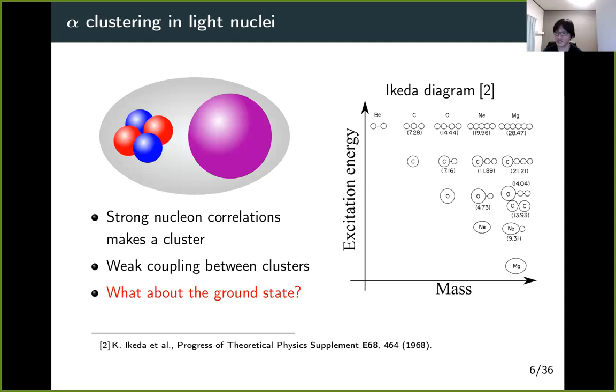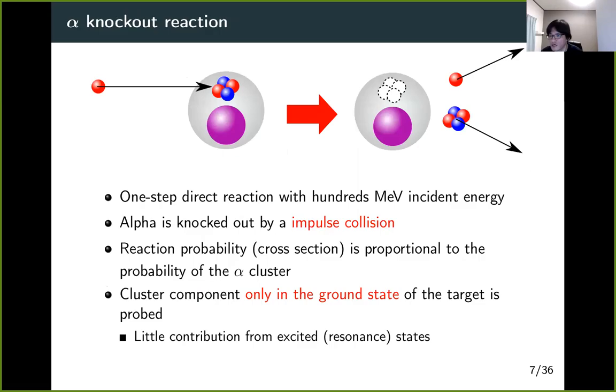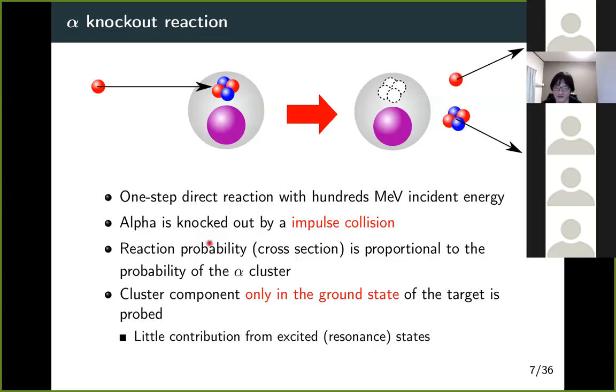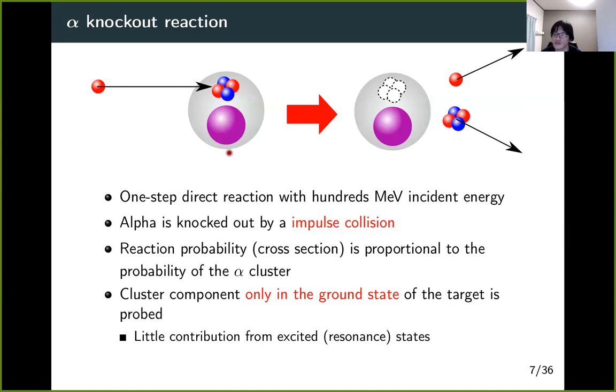To do that, what I do is the alpha knockout reaction probability, and that is directly related to the cross-section, which is proportional to the probability of finding the alpha cluster inside this target nucleus.